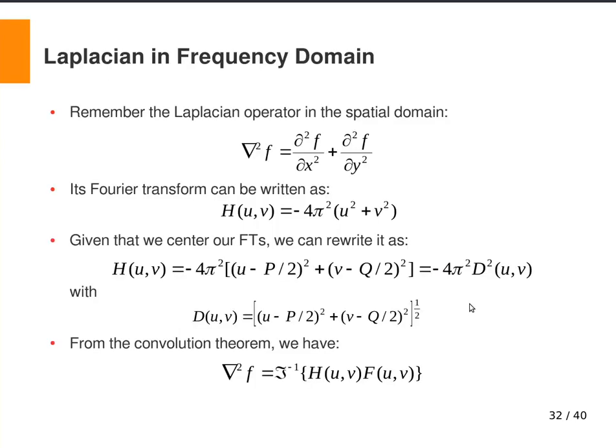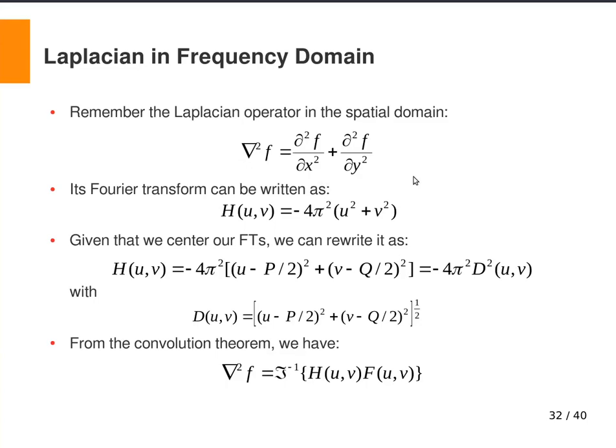So now let's see how we can perform more complex tasks in the frequency domain. If you remember from before, we could define the Laplacian operator in the spatial domain by the second order derivatives along the horizontal and vertical directions and summing them up together. So this is the Laplacian operator represented in the spatial domain.